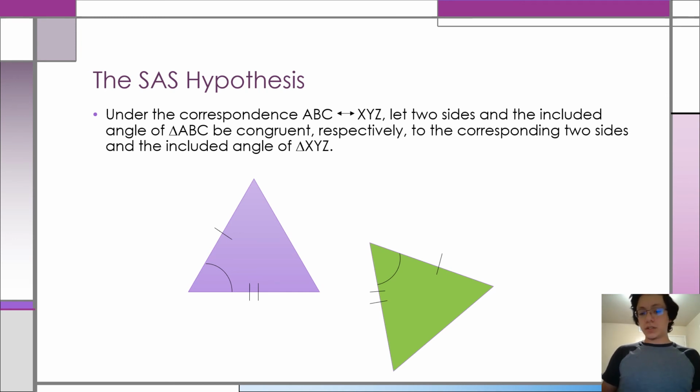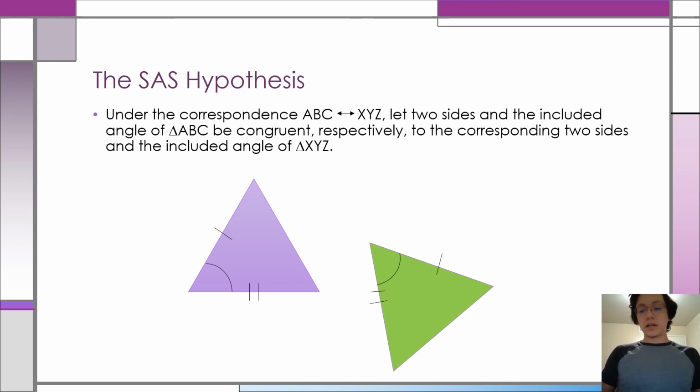And we look at our green triangle, and the markings here are exactly the same as the one on the left, which would indicate that the sides with one tally mark on the green and one tally mark on the purple are the same length, as well as the curvature on the angle of the right of the green triangle is similar to the one on the purple triangle, which then indicates that those angles are congruent.